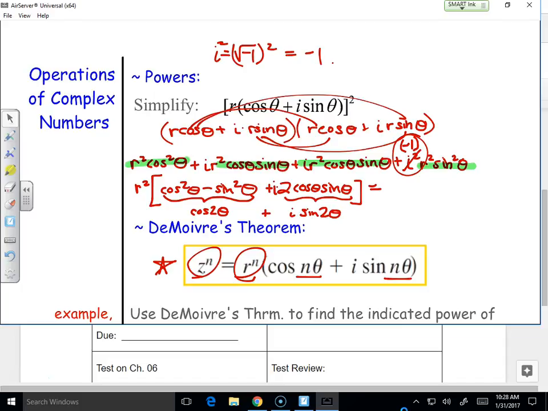So that's it. To raise a complex number to a power, we raise r to the power, and then we say cosine of the angle multiplied by the power, plus i sine of the angle multiplied by the power.